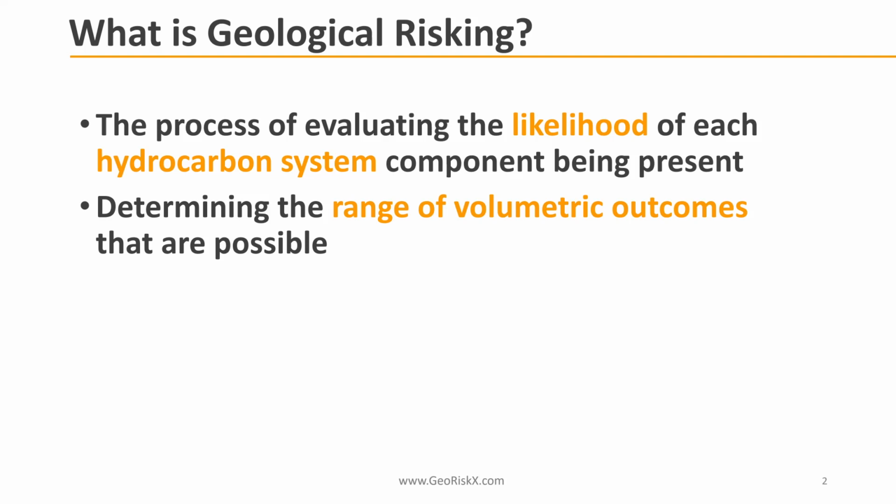And so, we may make an assessment like, the area of this prospect is somewhere between 500 and 1,000 acres with respect to the size of the closure. And the thickness of the reservoir can be between 20 and 40 feet, and the porosity can be between 15 and 25%, and so on and so on. And we use that to calculate a range of volumetric outcomes.